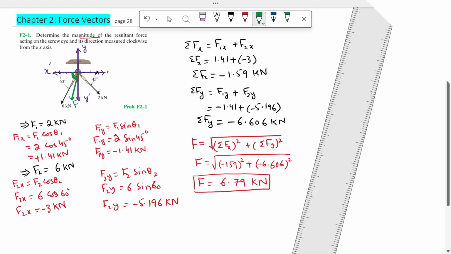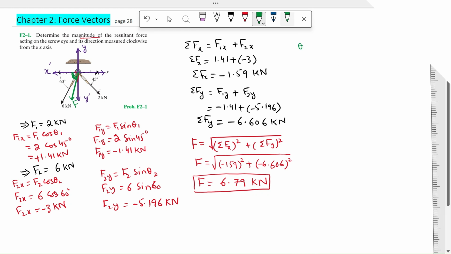For this we know that theta equals tan inverse of summation of f of y divided by summation of f of x. Putting the values, tan inverse of minus 6.606 divided by minus 1.59, we get theta as 76.5 degrees.